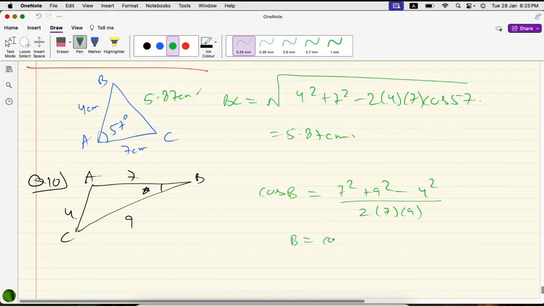And then B is equal to cos inverse of 7 square plus 9 square minus 4 square over 2 into 7 into 9, which is 19 by 21, and cos inverse is 25.2 degrees.